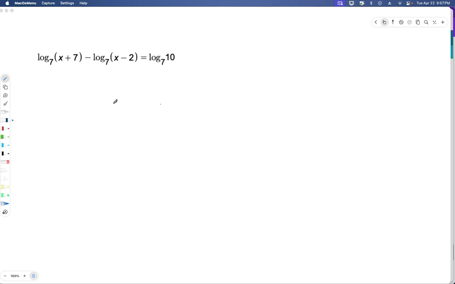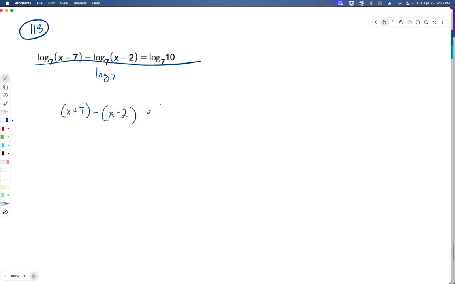All right, this is the second problem in 118. That's the lesson we're in. So the first thing I see is we can divide everything by log 7. That cancels all of that. So what we have is x plus 7 minus x minus 2 is equal to 10, right?